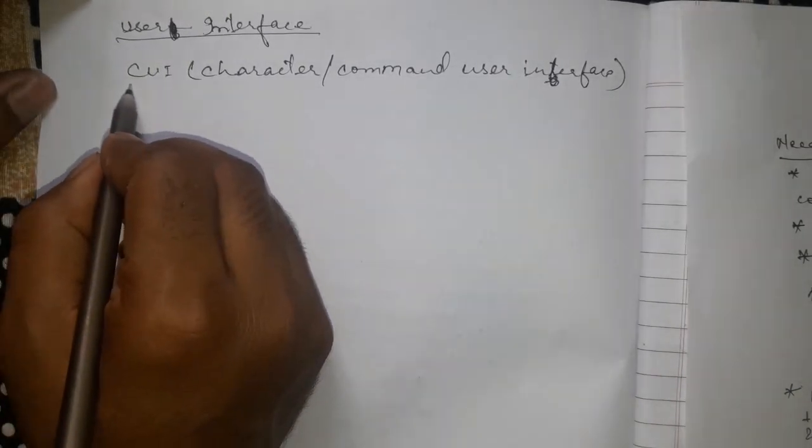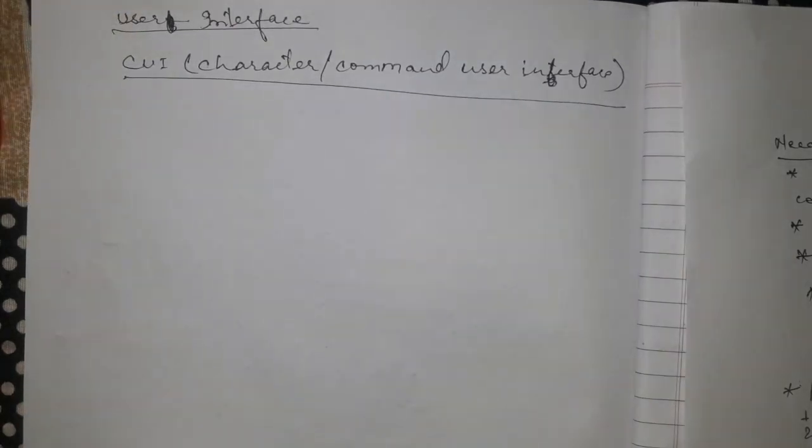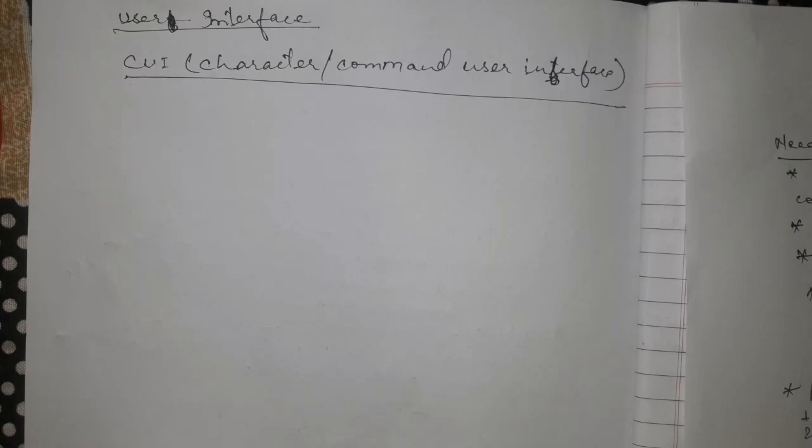So what is command user interface? In the previous days, a computer was not like the computers of our age. People used to interact with the computer by writing commands, and there was no use of a mouse or pointing device. People had to work only with the keyboard, monitor, and CPU.